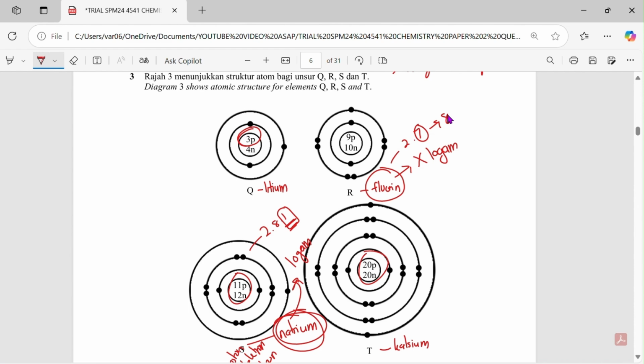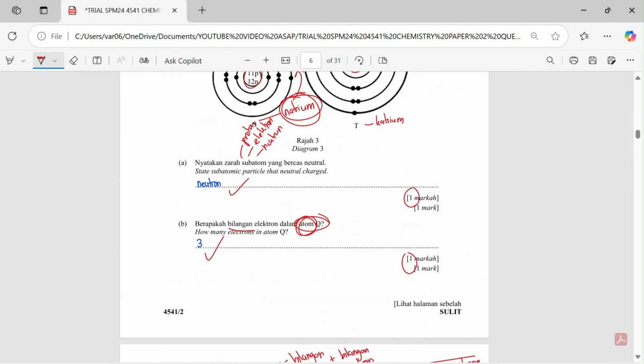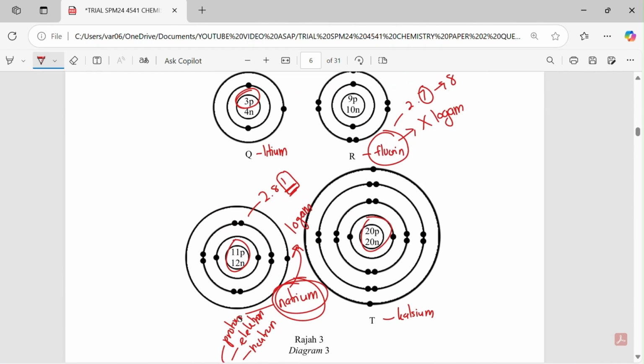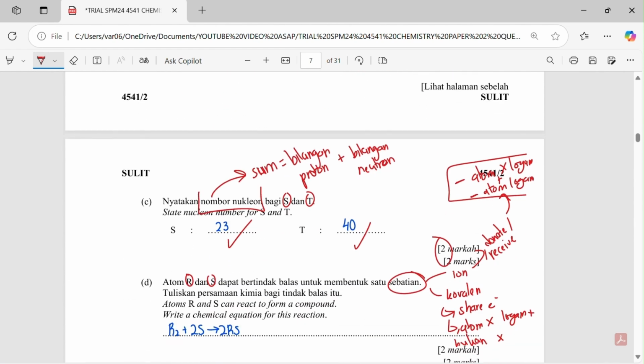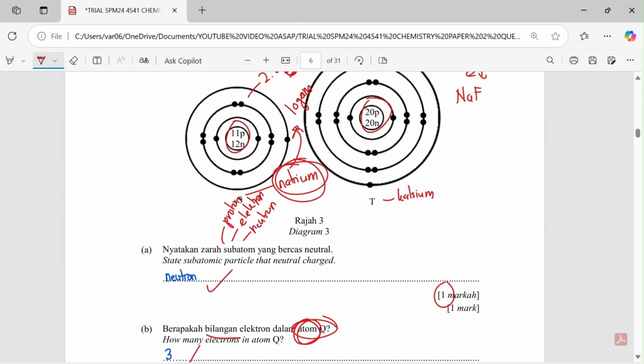So atom R and S will form sebatian ion. Since natrium gives away 1, it has more protons compared to electrons. So it will be positively charged by 1 because it only let go of one electron. For fluorine, it received 1, so it will be negatively charged. There you go. I'll show it for you.